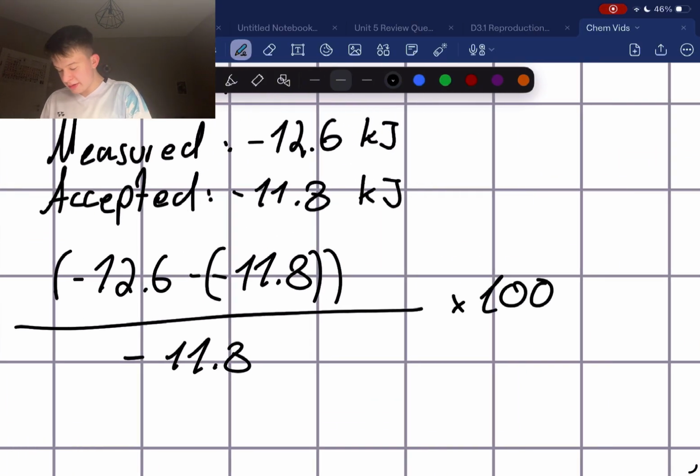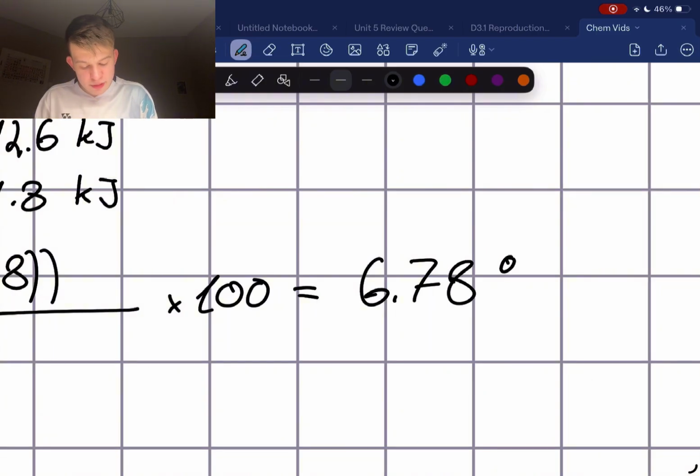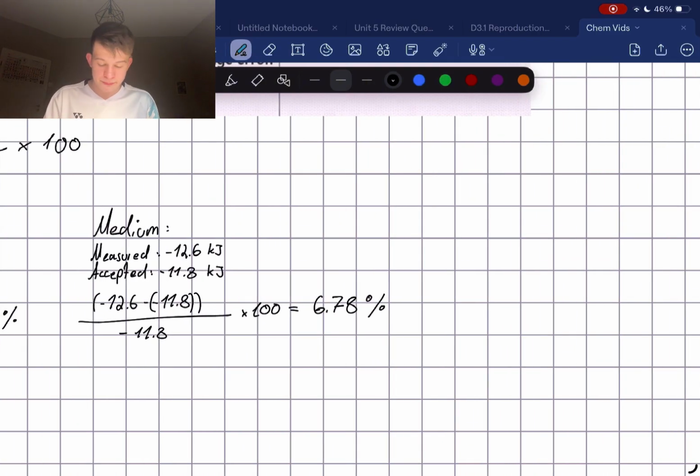So you put in the calculator negative 12.6 minus negative 11.8, divided by negative 11.8, times 100, and that is going to give us 6.78%. So the percentage error is going to be 6.78.